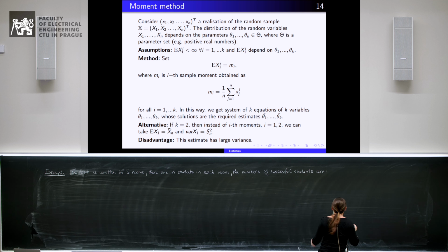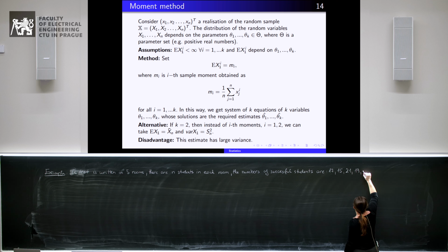So the number of successful students in the first room is 17, 15 in the second room, 21 in the third room, 19 in the fourth room, and let's say 13 in the fifth room.